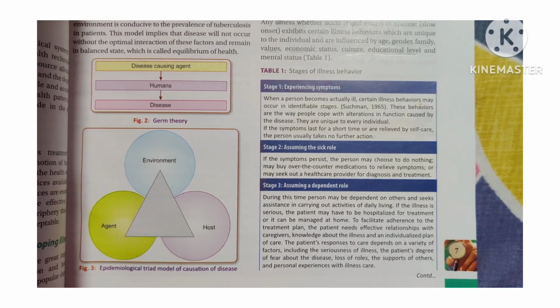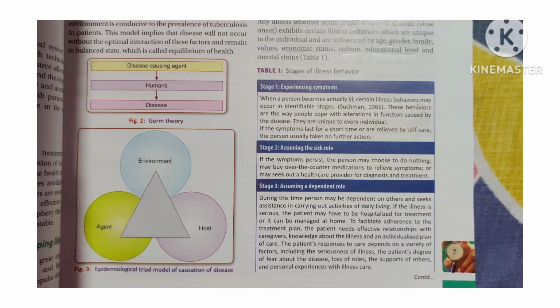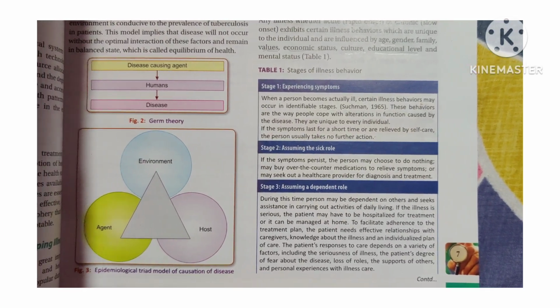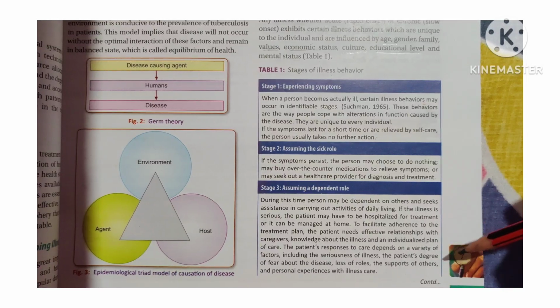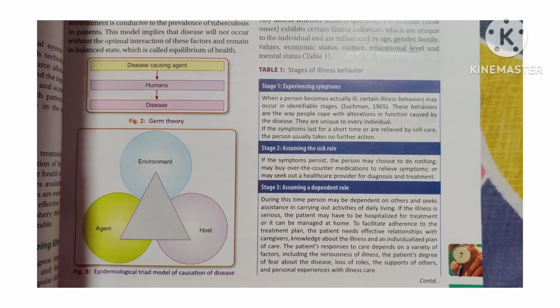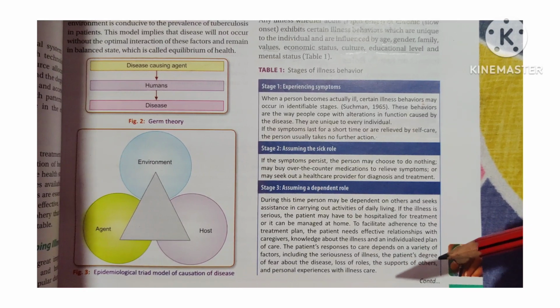So the patient should have an understanding about the illness. How you take the illness depends on how fast you are going to recover. The severity of the illness plays a role here, and the patient support system, whether the family members are there, whether they are able to take care of themselves and of the patient, all of that counts.